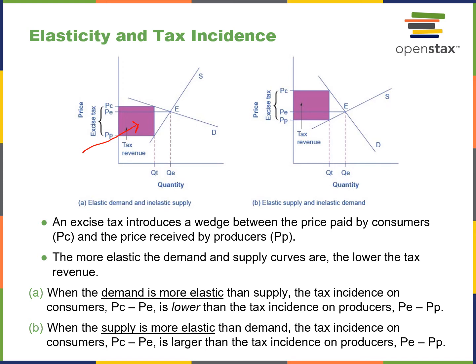And in this particular example, B, the consumer is getting hit with more tax here, and the producer's tax is here. So we'll just say C for consumer, P for producer. Sorry for the writing, but writing with a mouse is so much fun.